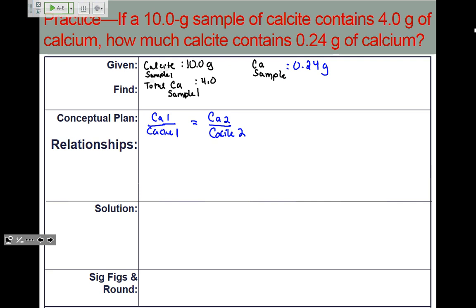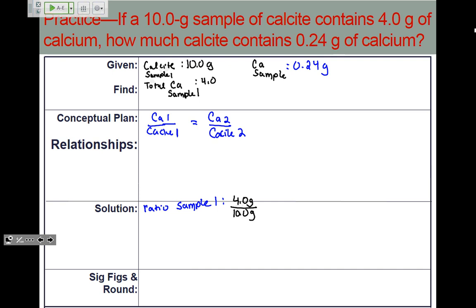So what I'm going to do is figure out my ratio in sample 1. Now you can make sample 1 and sample 2 equal and solve, but just to be clear, I'm just going to solve for sample 1 first. So our ratio of sample 1 is 4 grams, and these are both in grams. We don't have to do any conversions.